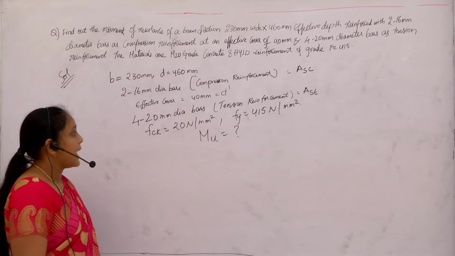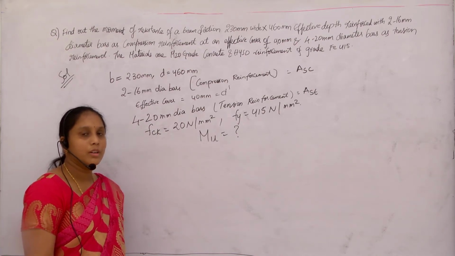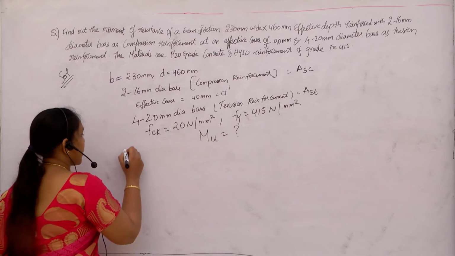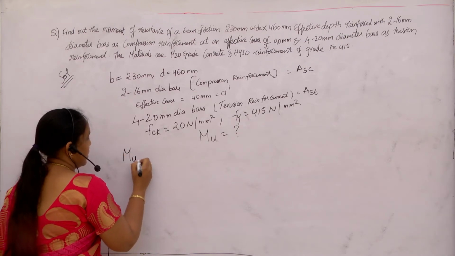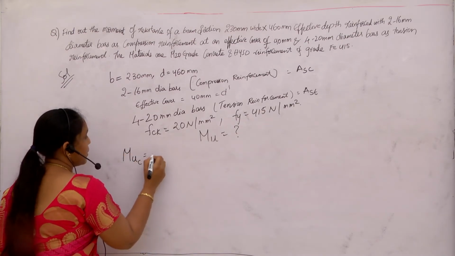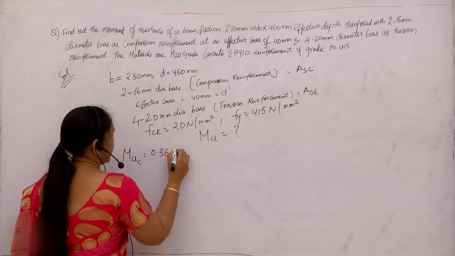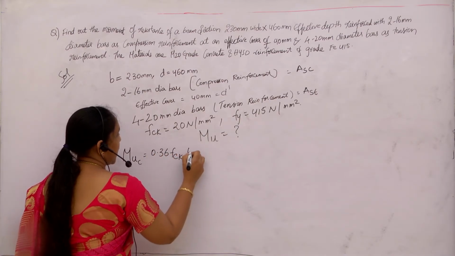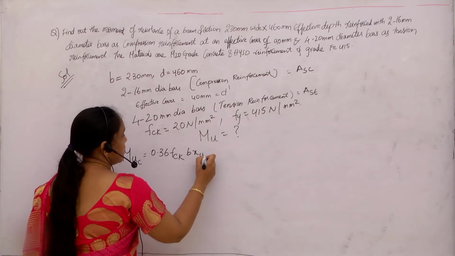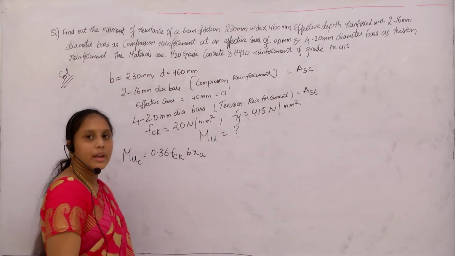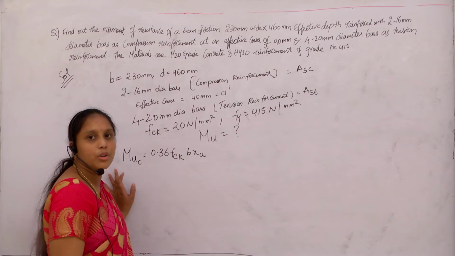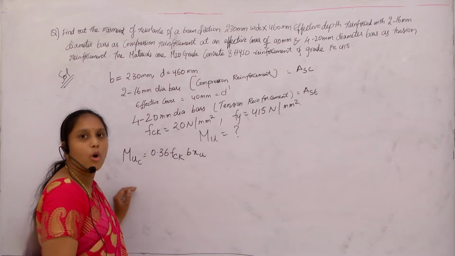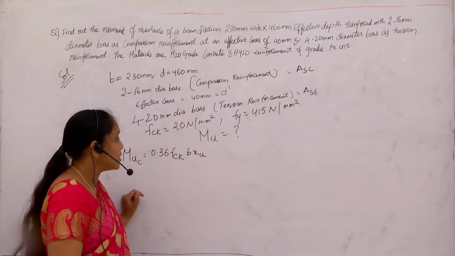Now let us calculate the moment of resistance MU. MUC is equal to 0.36 FCK B into XU. Why am I considering XU here? What is the type of section you have got? The type of section we have got here is an under reinforced section.